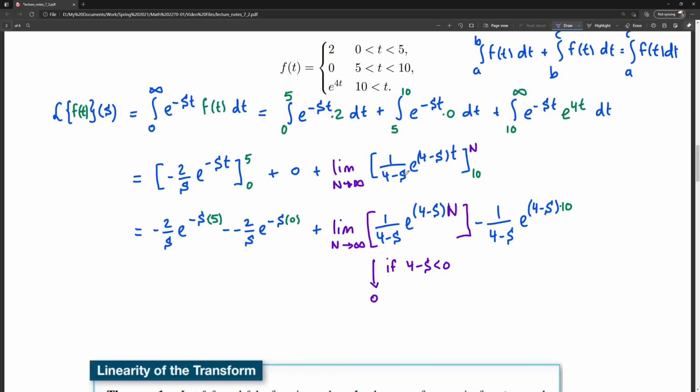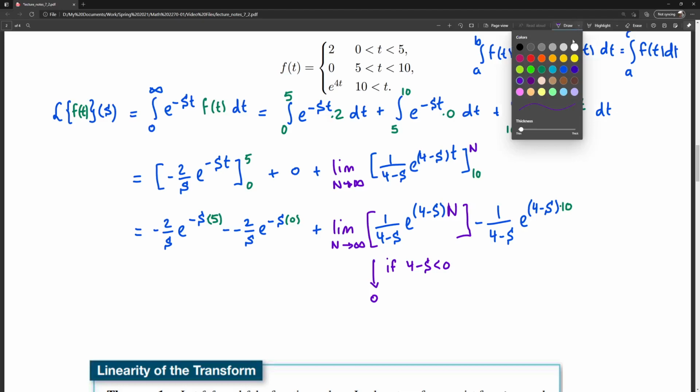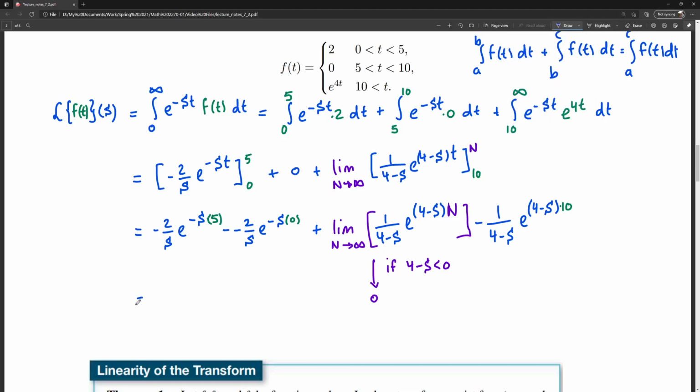Okay, and now let's just clean this up a little bit. So our first part here is negative 2 over s, e to the power negative 5s. And then minus minus becomes plus 2 over s. And then plus 0.